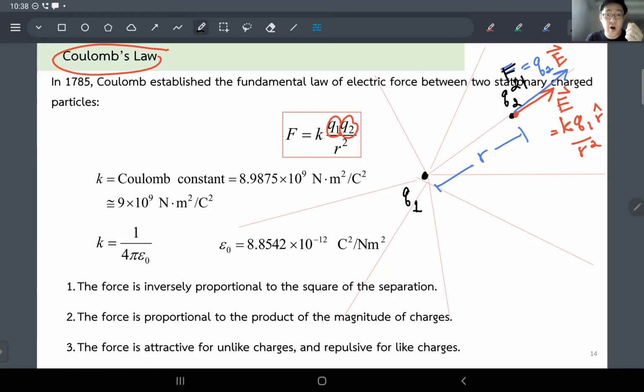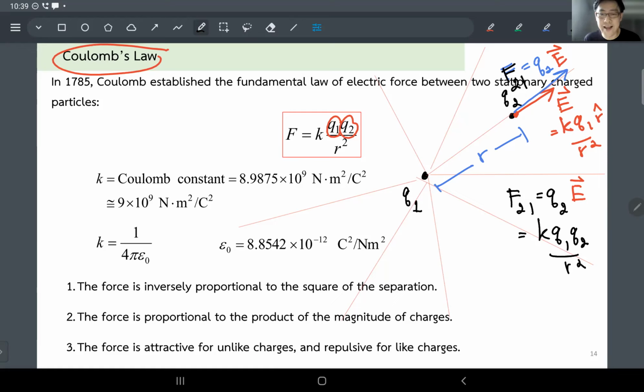So that's the force on particle number 2 due to charge number 1. So I can say F21 is just Q2 times E, the red one. Let me do the color coding here, times the E that we just calculated. It's K Q1 over R squared, and Q2. So it's going to be K Q1 Q2 over R squared. And you are done.